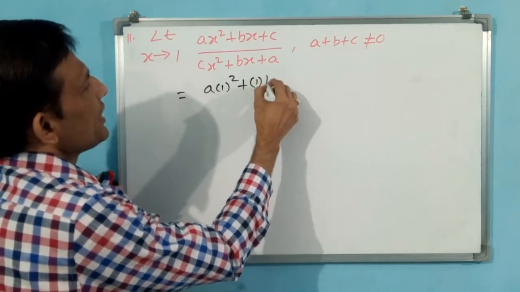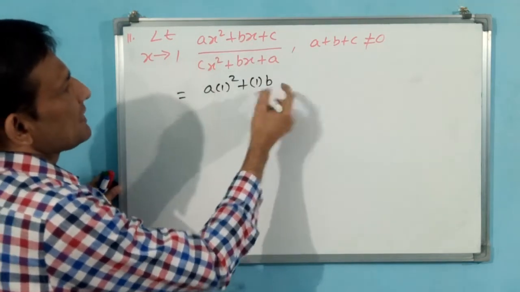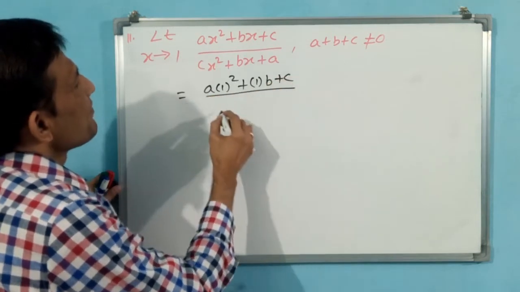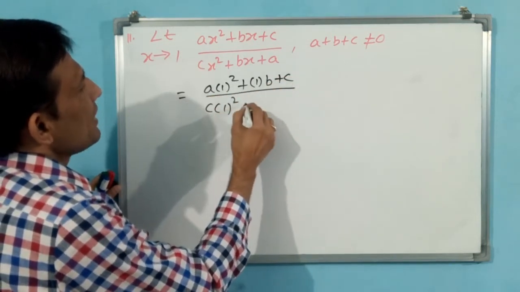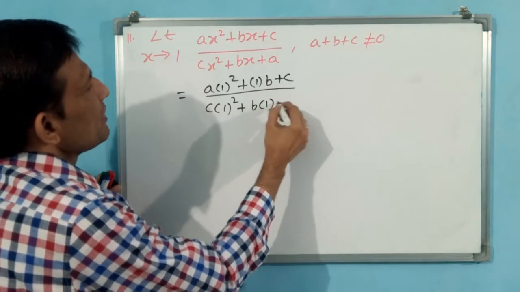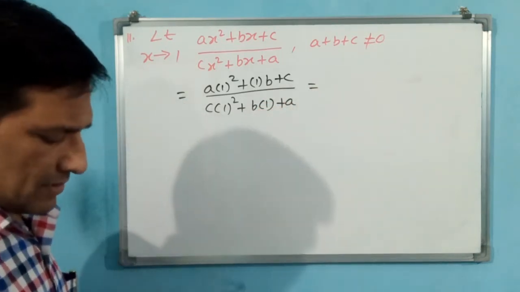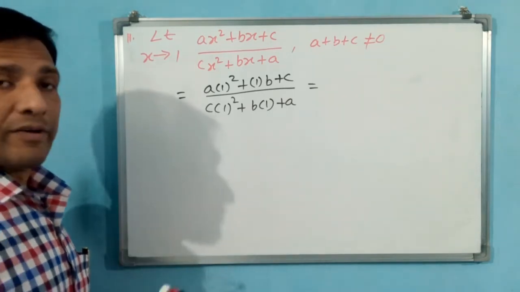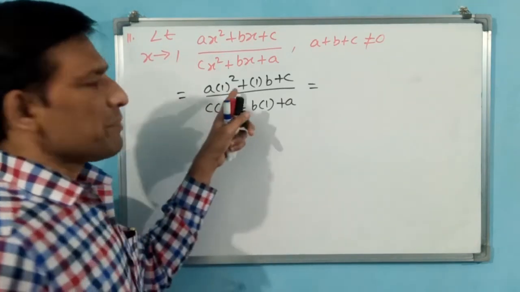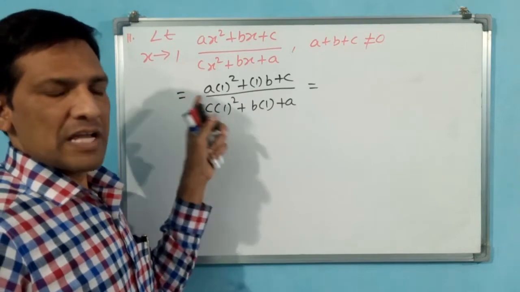Plus 1 into b into 1, or 1 into b, both are same, plus c, by c into 1 square plus b into 1 plus a. Okay, you see what will come here? 1 multiplication 1 or 1 square, the same result is going to come.